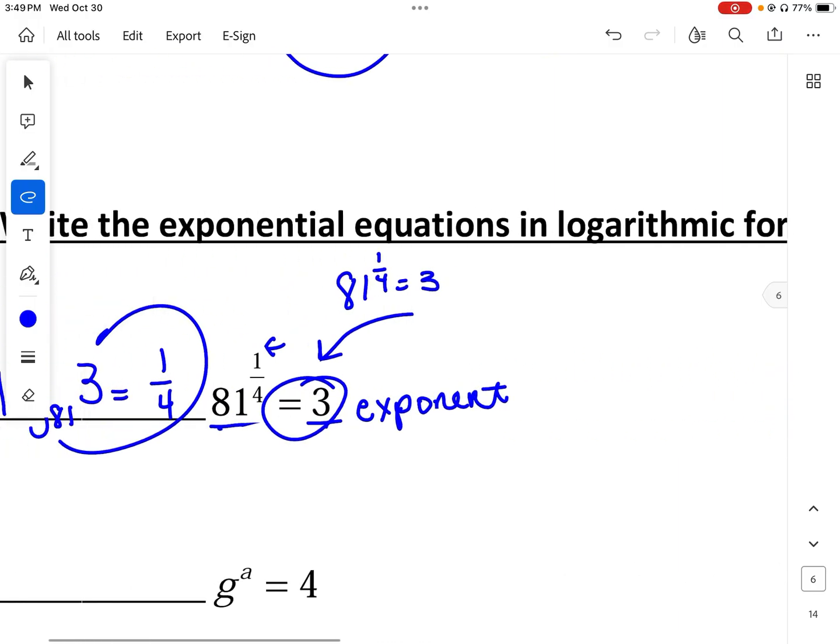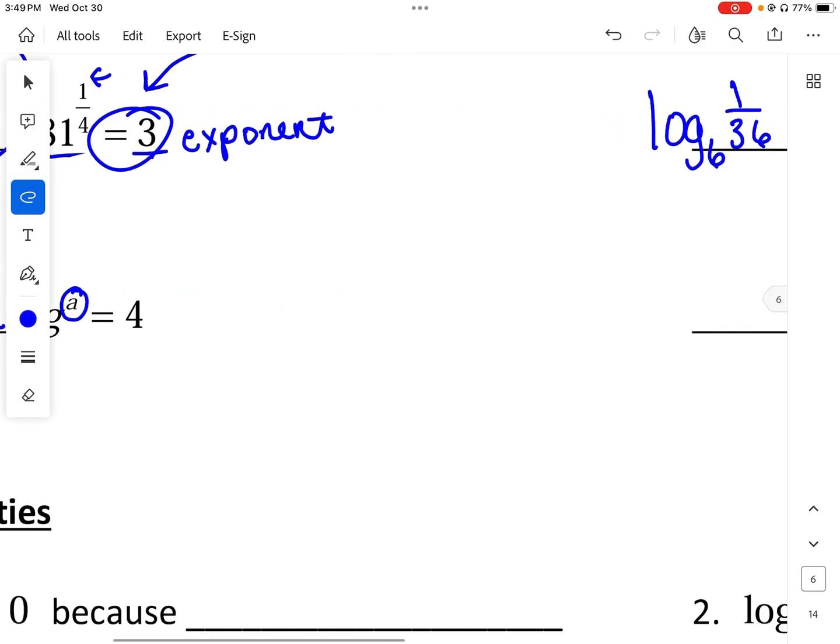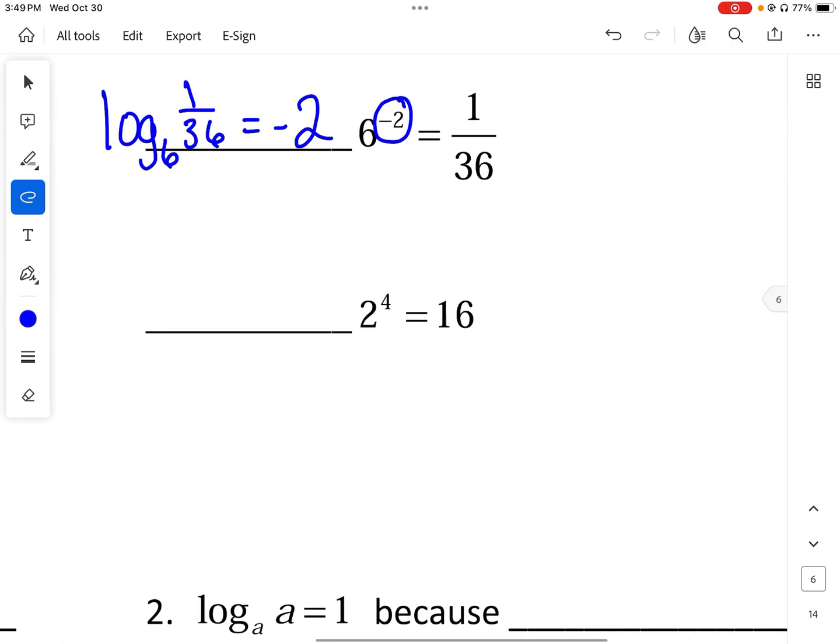Okay, next one. Our answer is the exponent, so equals a. So log base g of 4 equals a. Okay, this can be our answer, so equals 4. So log base 2 of 16 equals 4.